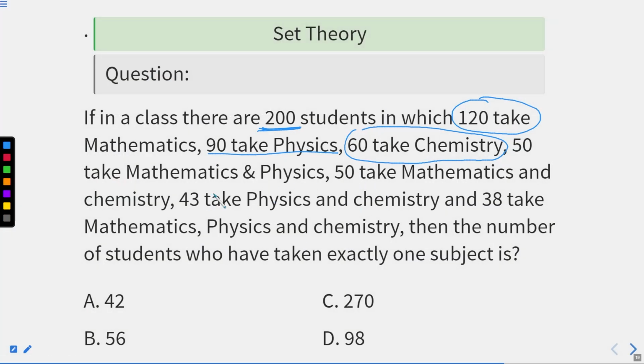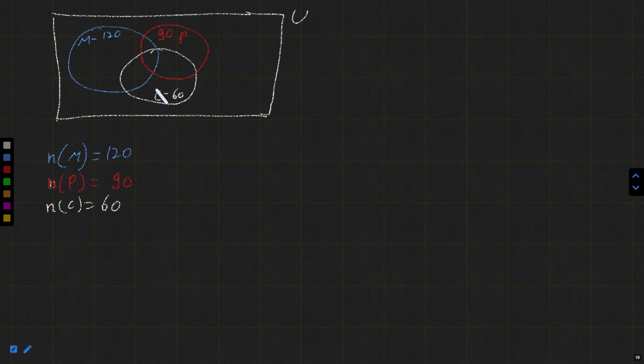Now 50 students take mathematics and physics. I'm just writing this, not representing it, because representing it would make the diagram look messier. So the number of students in physics and math is 50.